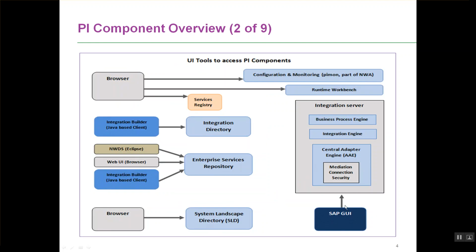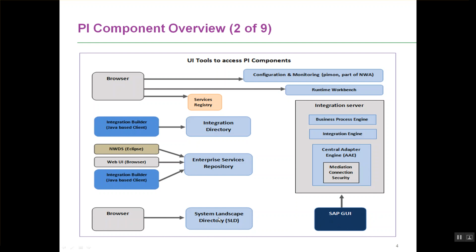Now that you saw various components of PI, what are the various tools that are used to connect to the components of PI? We will start from the bottom. System landscape directory. At the risk of being repetitive, it registers your systems. System landscape directory is equivalent to your telephone directory.